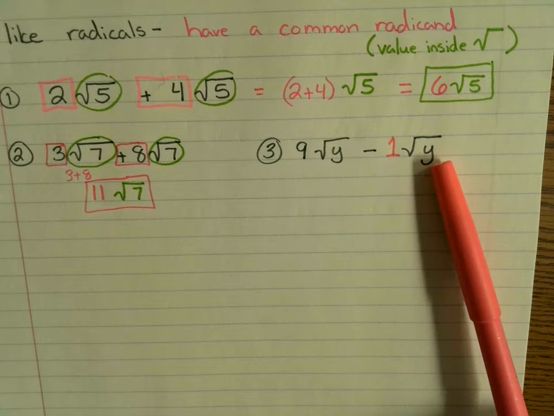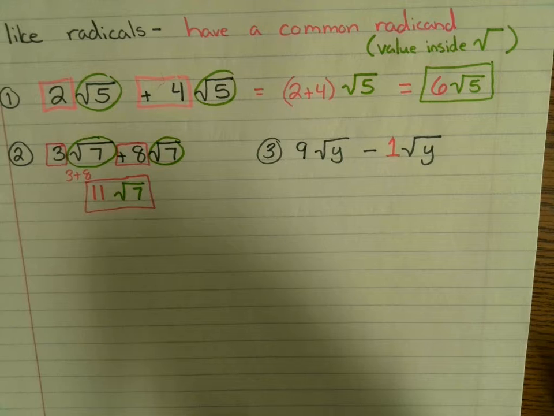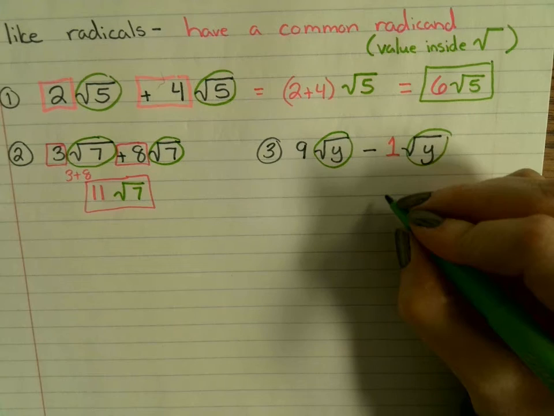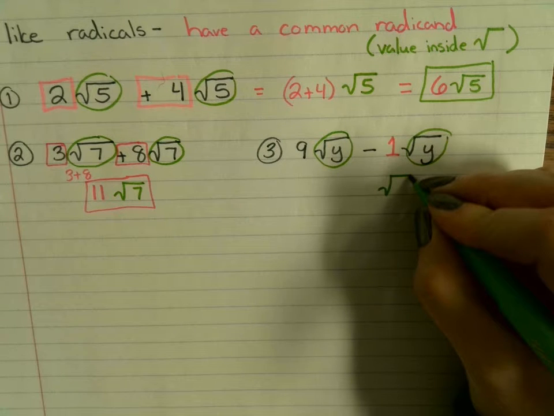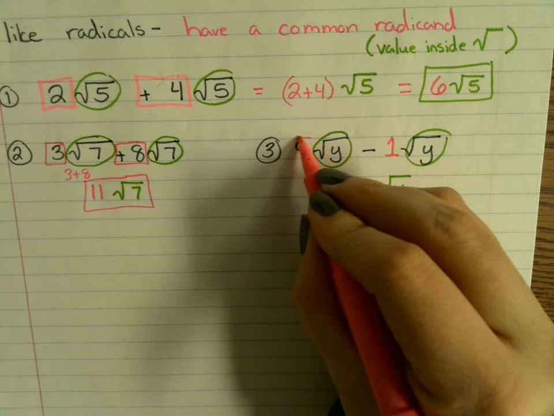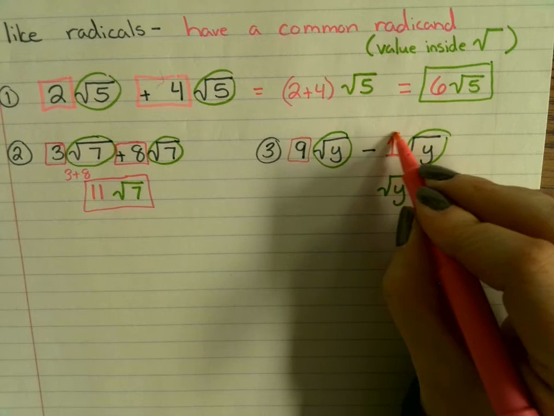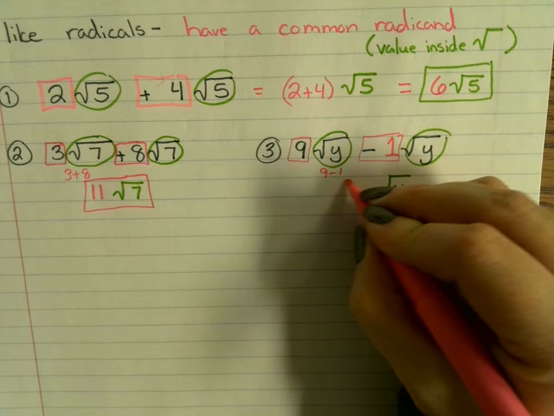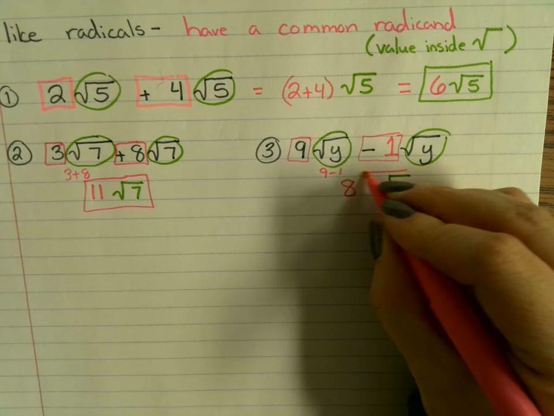That square root of y is the same for both of them. So I'm just going to bring that square root of y right down. All I'm going to actually focus on doing is the coefficients. And what do I get? 8 square roots of y. So we're just going to focus on doing 9 minus the 1. 9 minus 1 is going to give us 8. So we get 8 square roots of y.